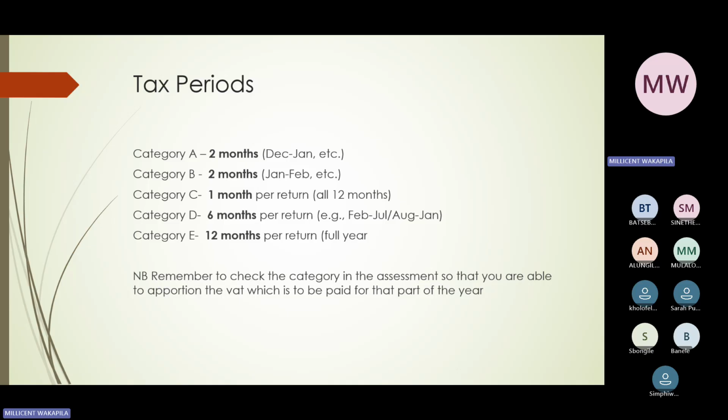All these categories are differentiated through months. The first category is on a 2 month basis, right? The second, category B, is also 2 months, but the difference is when they end and when they start, right? The first one starts in December and then ends in Jan.